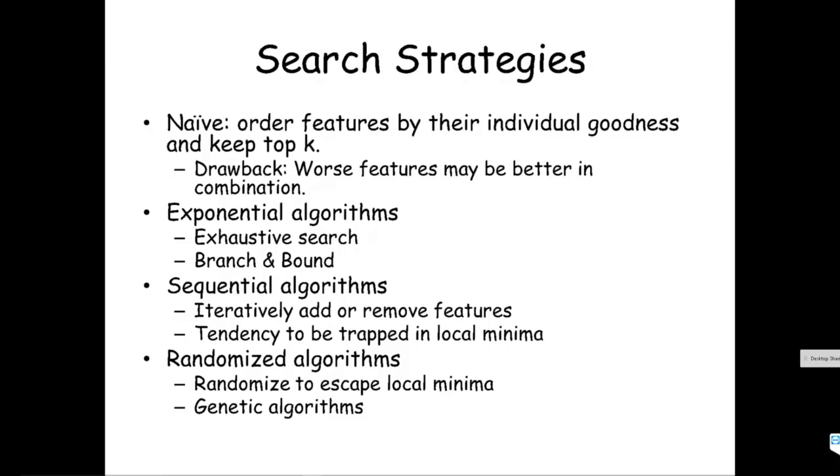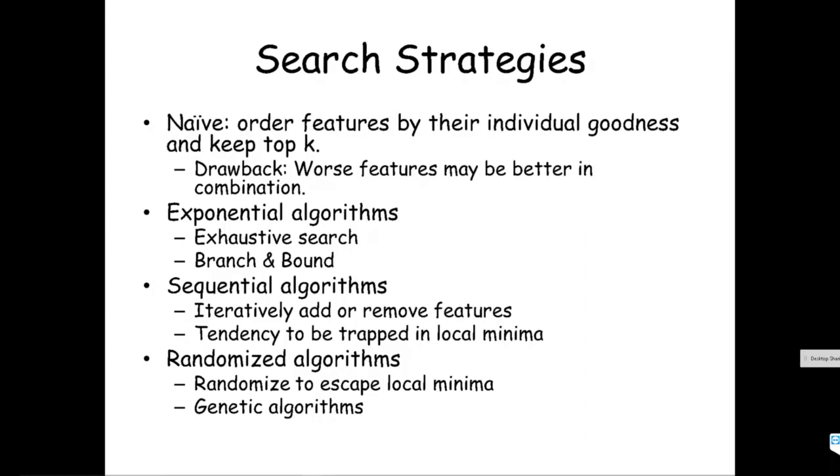Okay. The sequential algorithms, one of them I described the forward search, where you take a feature and add it one by one. And we can do this going forward or coming backward, as we will see in the next few slides. These tend to be trapped in local minima, meaning we may converge to a value and accuracy that's not the best value.